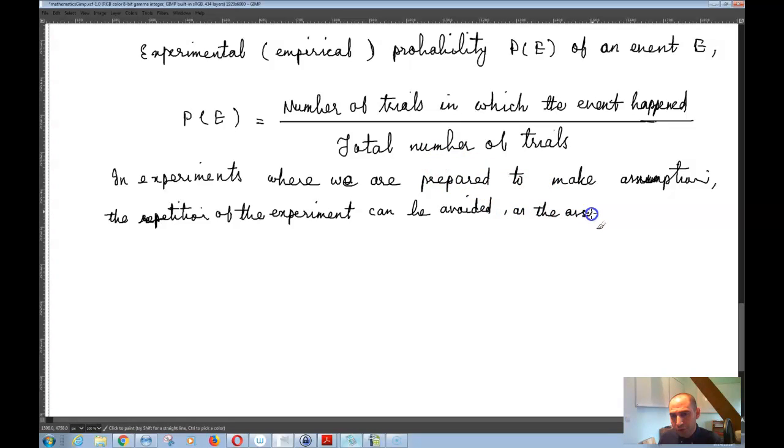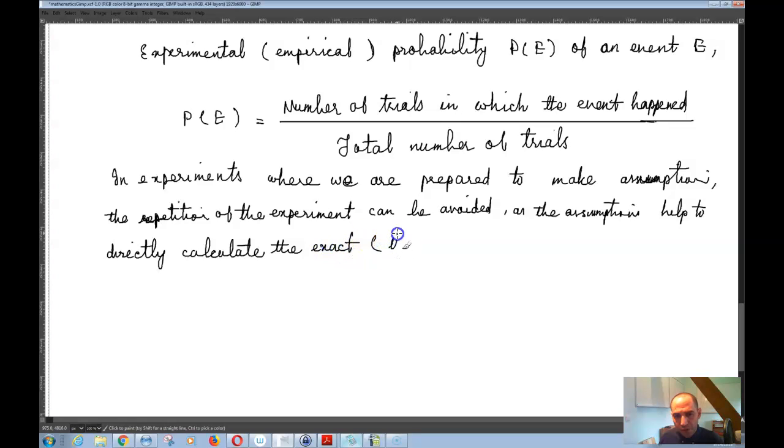As the assumptions help to directly calculate the exact or theoretical probability.